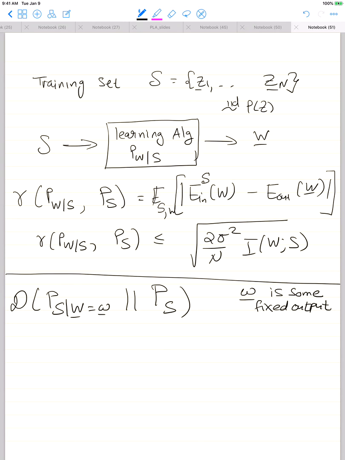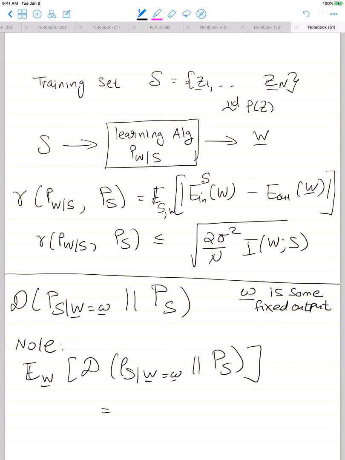Now note that, before we do that, if we take the expected value over W of this quantity, what will we get? Do you remember what this is? We're taking the relative entropy between the conditional distribution and PS, the unconditional version. This will be random because W is random, so we take the expectation with respect to W. Everybody remembers what this is?